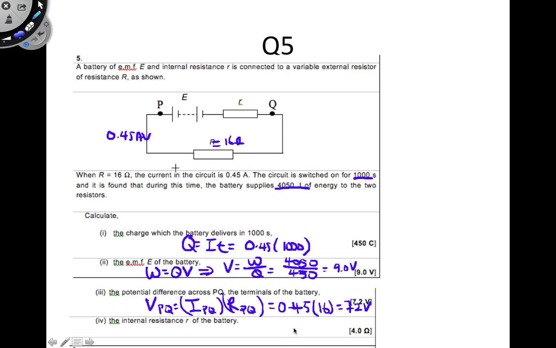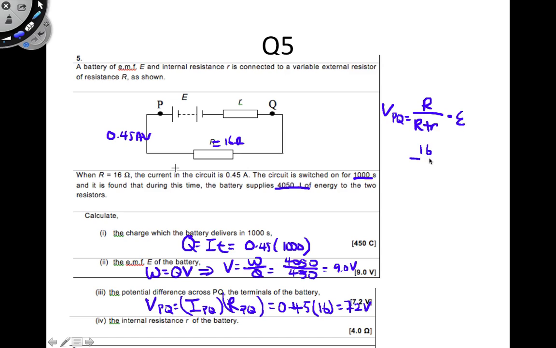Internal resistance r of the battery. Take note that this internal resistance and this 16 ohms resistor are in series. So this makes it very convenient for us. We can just apply our potential divider equation. So VPQ is basically the ratio of capital R over capital R plus small r multiplied by EMF. I substitute the values.